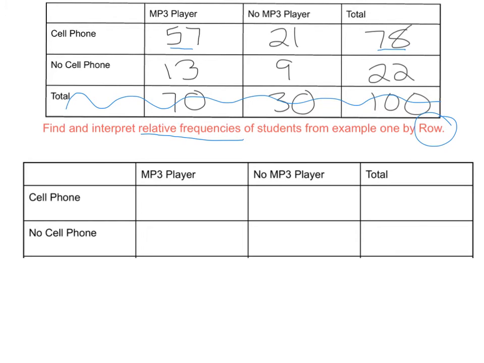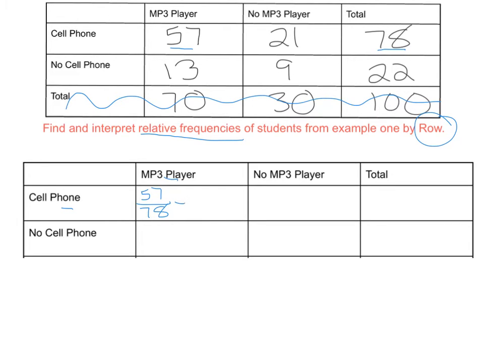So relative frequencies, so cell phone out of MP3 player, or those students that have a cell phone and MP3 player, is 57 out of the total 78. 57 out of 78. And relative frequencies you always write as a decimal rounded to the nearest hundredth.